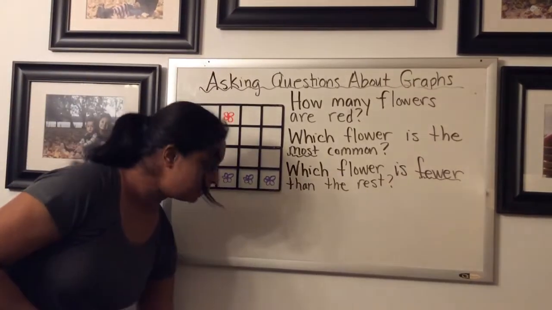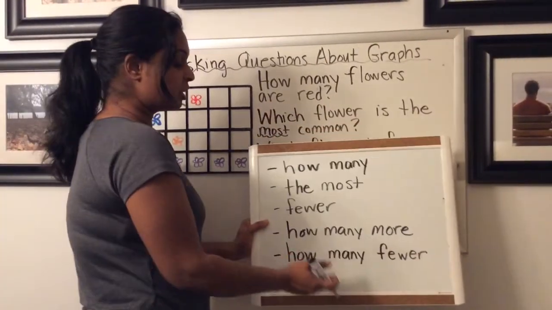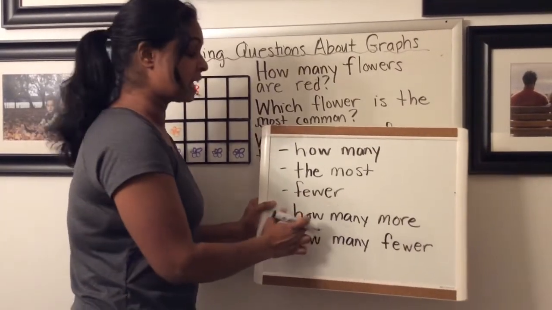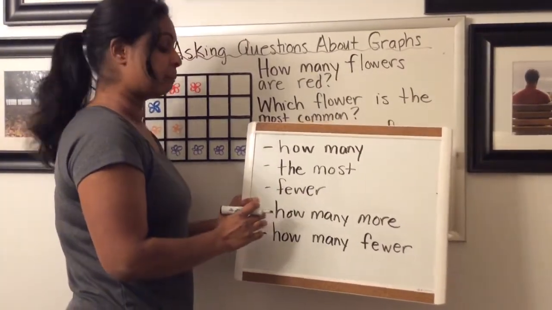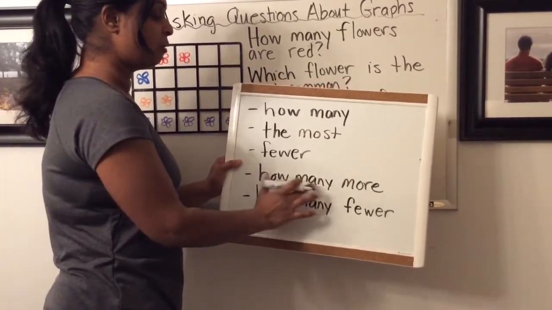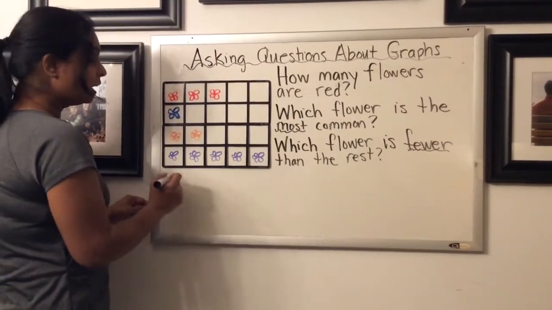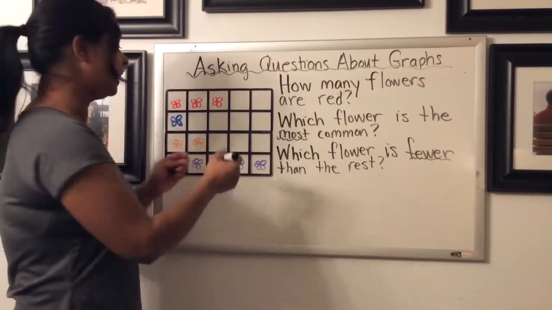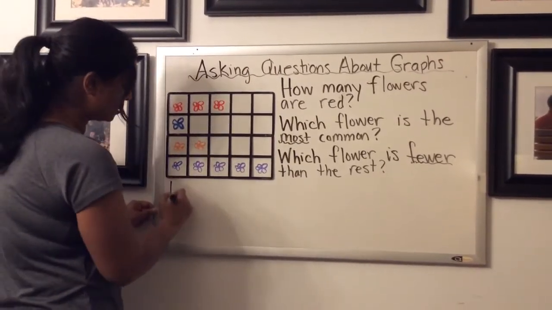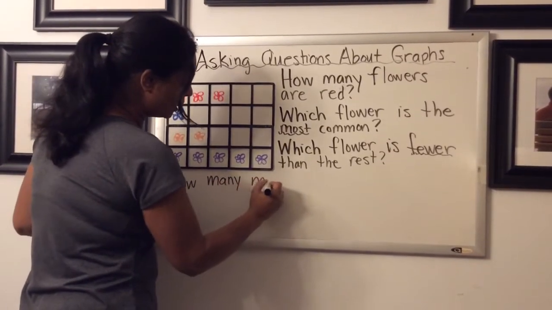All right, now we're getting into questions that want you to use a number answer. All right, so they've included the words how many so that you can do a number answer. So it wants you to use this little phrase first, how many more? All right, so I would be using that when I compare. And you can pick any two to compare as long as one has more than the other. And I can just start, how many more?